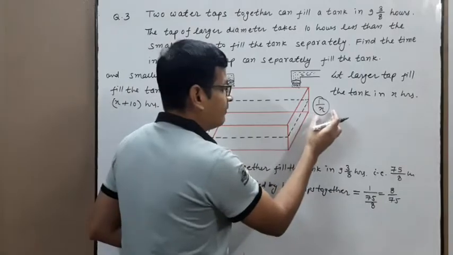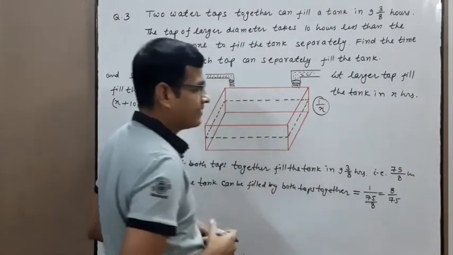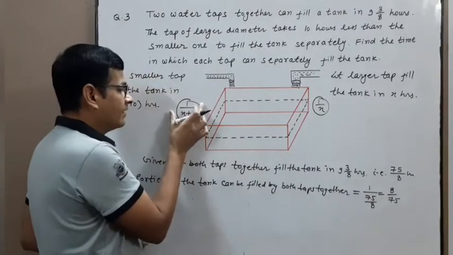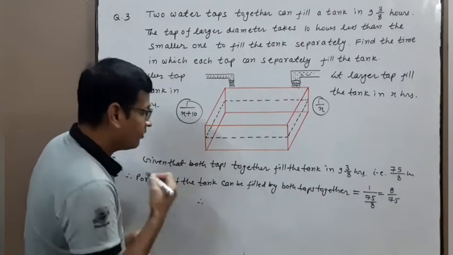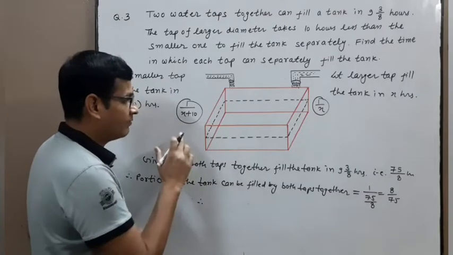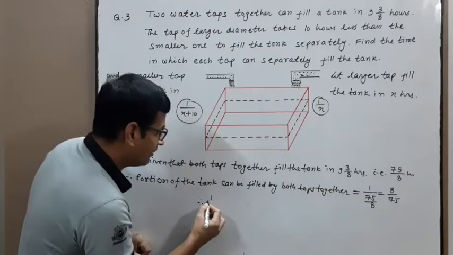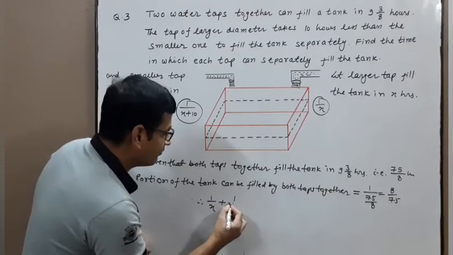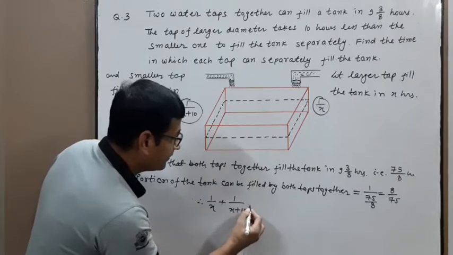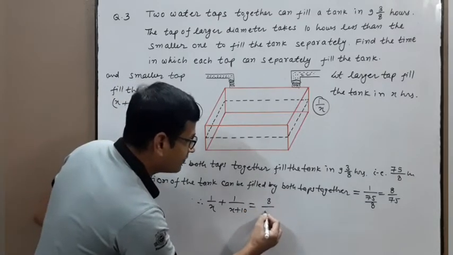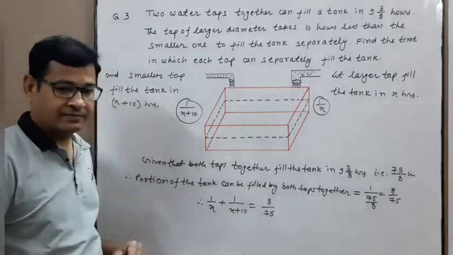The portion of the tank filled by the larger tap in 1 hour is 1 by x, and the smaller tap takes 1 upon x plus 10. Therefore, the portion of the tank filled in 1 hour by both taps is the sum of these two. So 1 upon x plus 1 upon x plus 10 is equal to 8 upon 75. Simplify this equation.